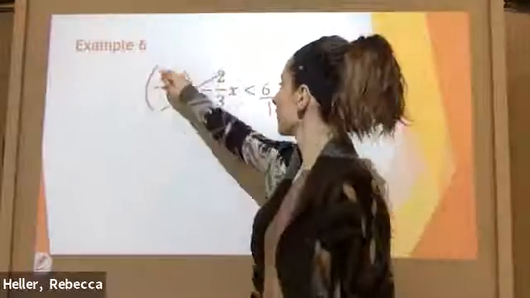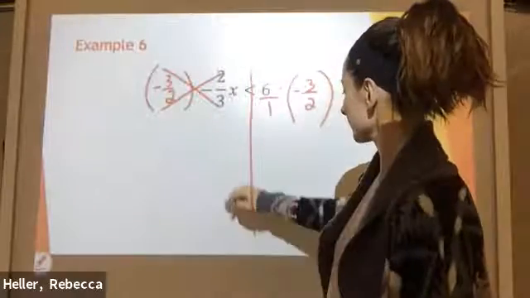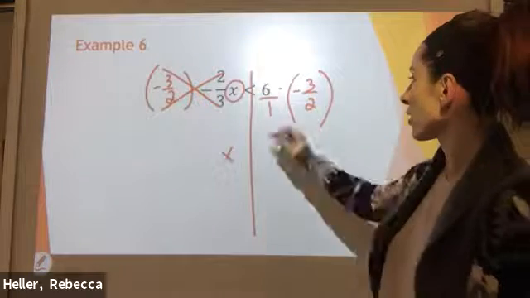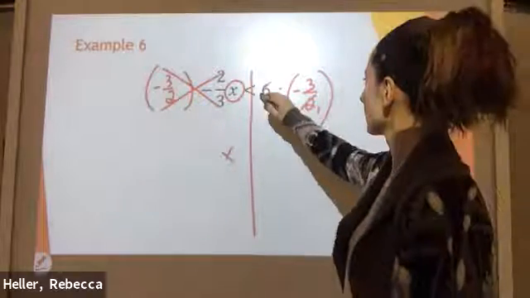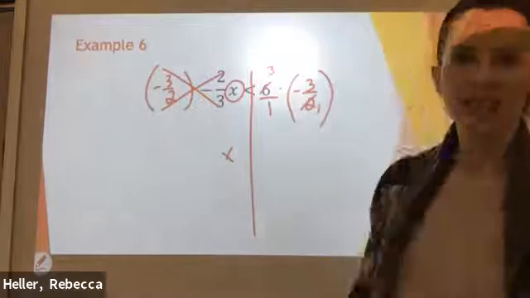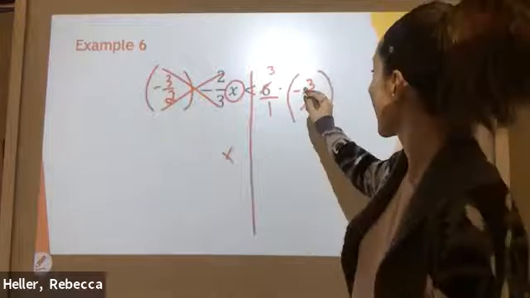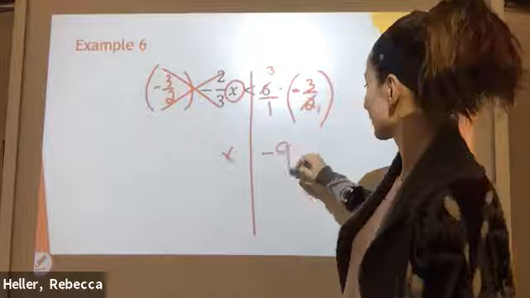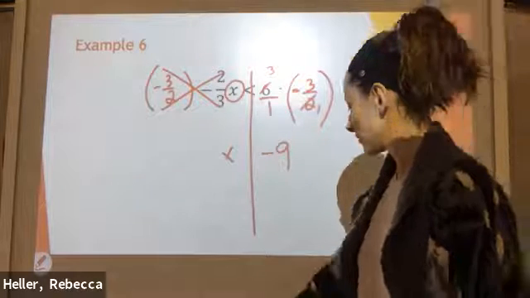So everything over here cancels out except the x. And then over here, we did this earlier. The only difference is instead of 3 times 3, now we have 3 times negative 3, which is negative 9.